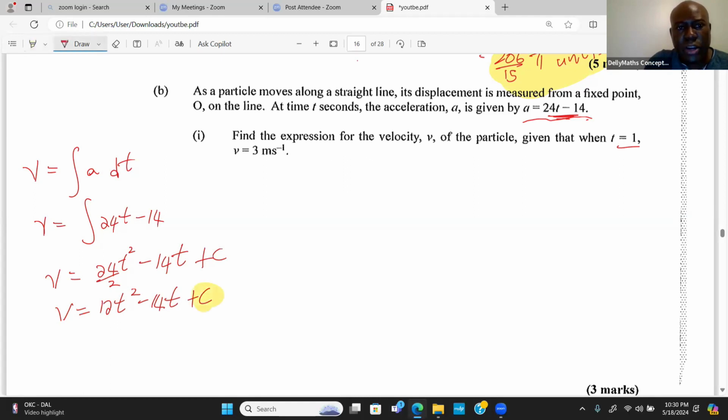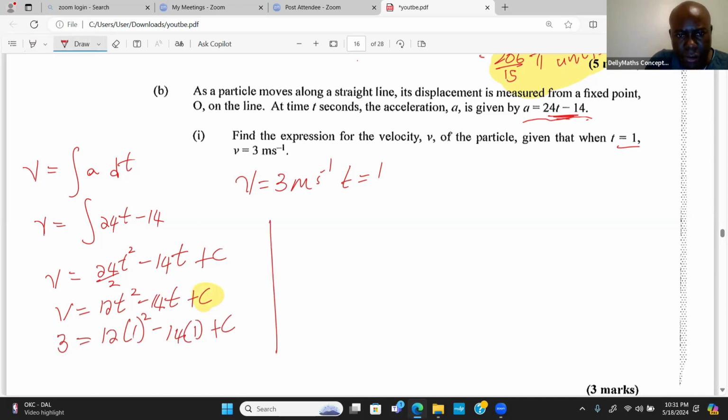In an effort to find the constant, we're going to go back to v equal to 3 meters per second when t is equal to 1. We're going to substitute. So right here, we could say 3 is equal to 12 times 1 squared minus 14 times 1 plus c. So come up here.